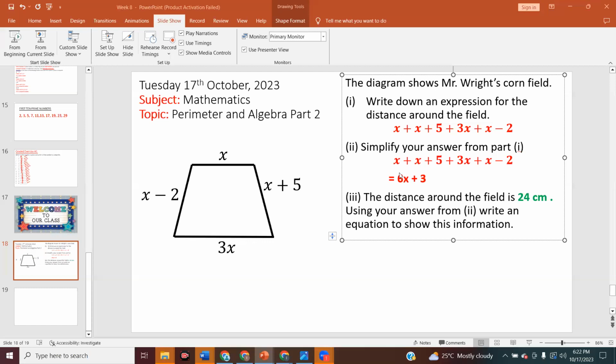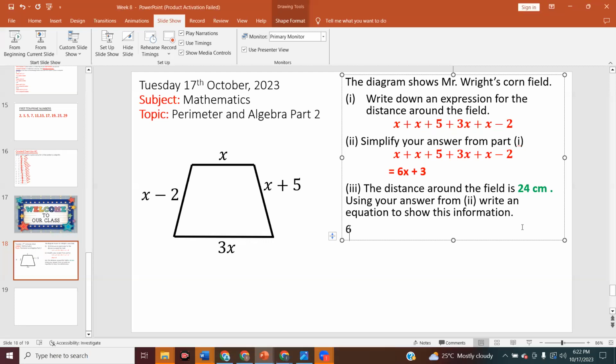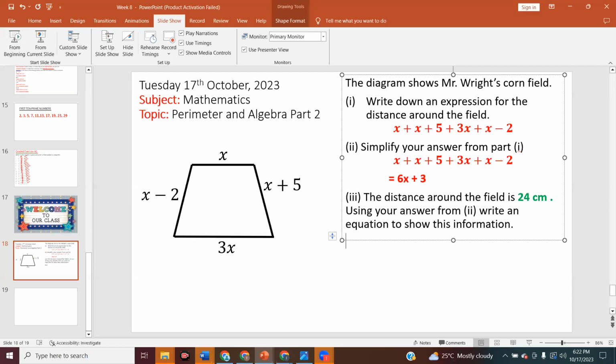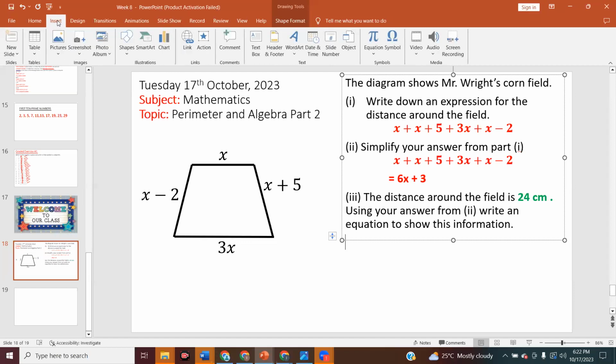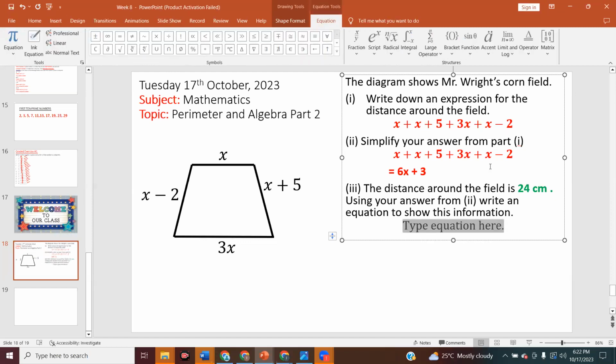So the equation we write is 6x plus 3 is equal to what? 24. You don't have to put the centimeters, it's just an equation. So 6x plus 3 equals 24.